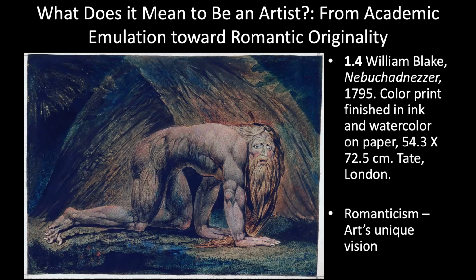So William Blake, he's actually very early in this romantic style of art. And this is his picture called Nebuchadnezzar. If anyone's a fan of the Hannibal TV show, William Blake is mentioned in it in a very interesting way. So this is from 1795, and William Blake is often considered to be the first romantic artist.